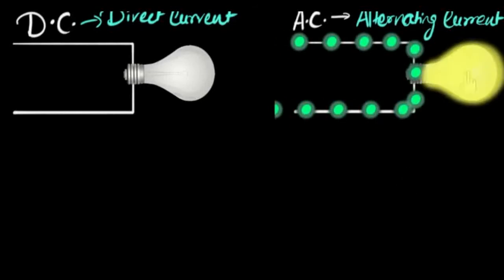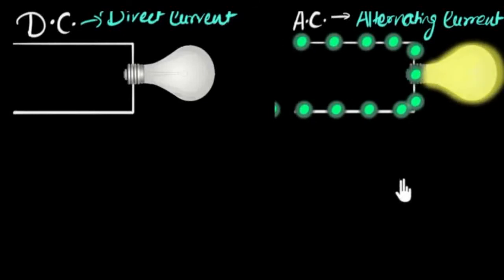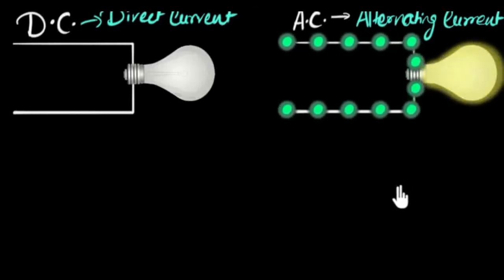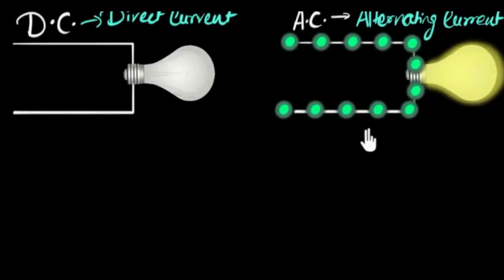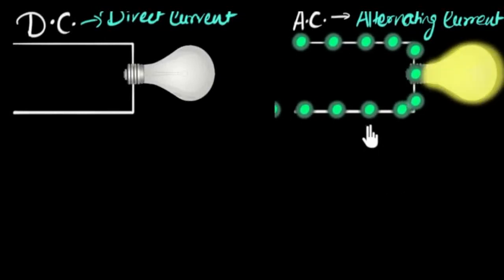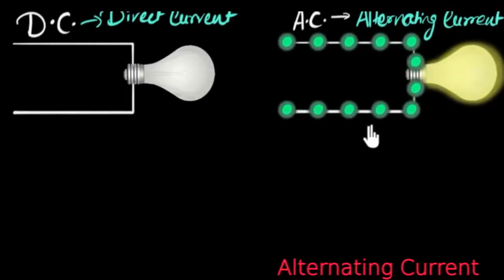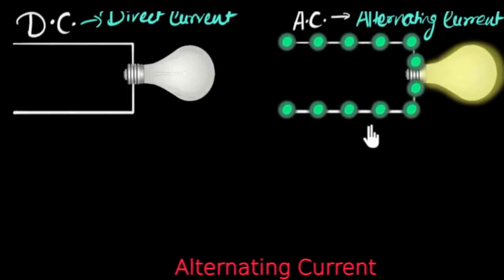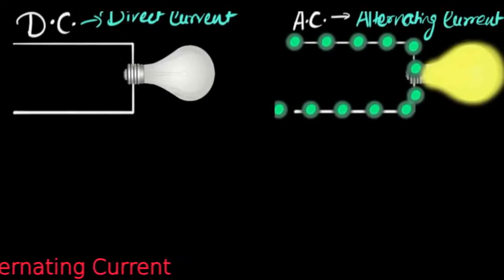Now if you watch this light closely, you can see that there is a small flickering, right? It is because of the motion of the electrons. The electrons will move forward, then stop, and then go back again. It is because of this peculiar nature of electrons that these bulbs flicker.